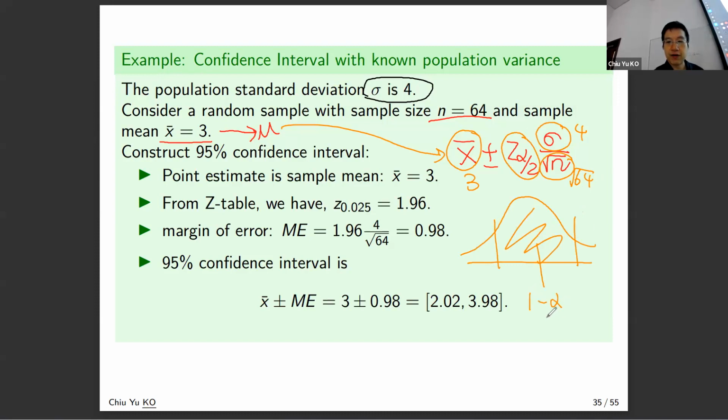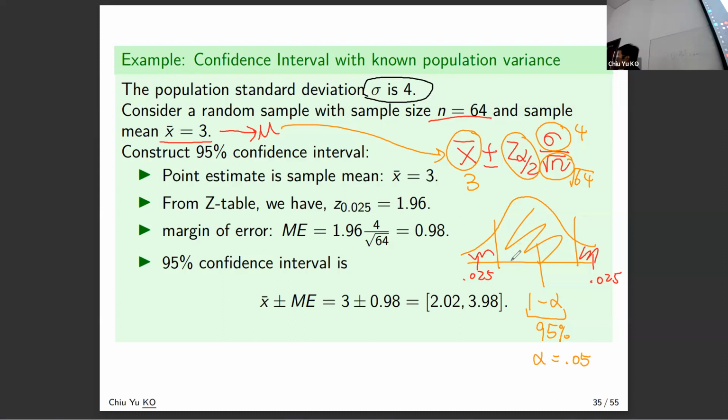Now this is 95%, so alpha is 5% or 0.05. And it's symmetric, so this is 0.025 and this is 0.025.